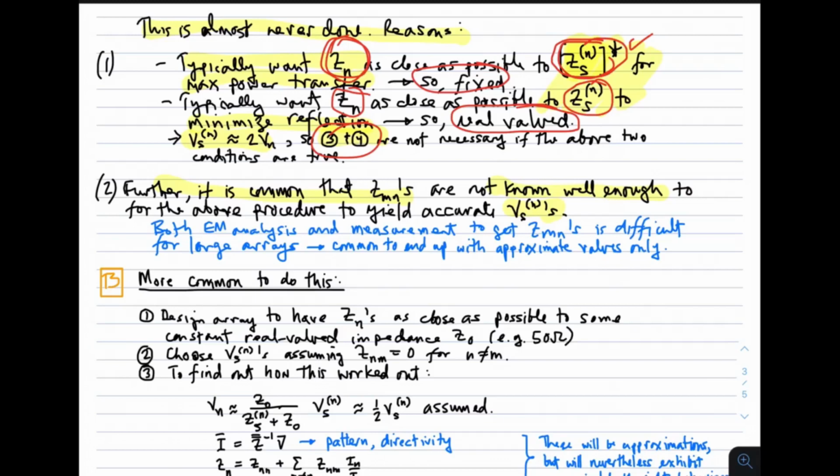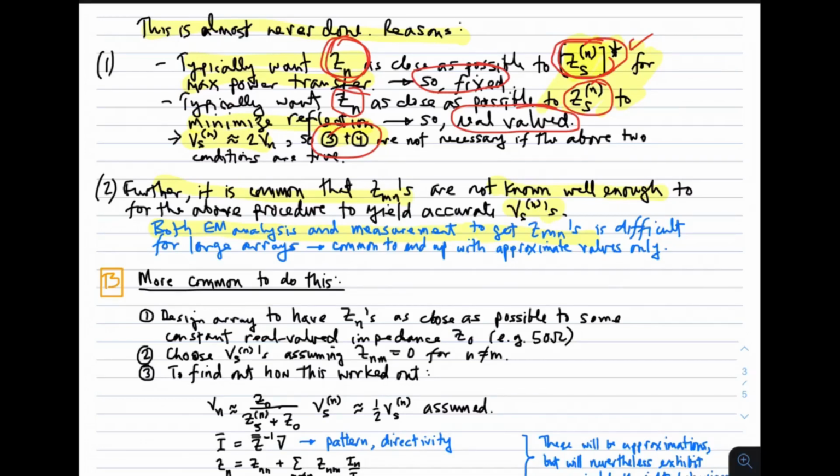Even that is going to require considerable effort to do those simulations correctly. There are always trade-offs between computational accuracy and computation time and so on. So we find that both EM analysis and measurement, even if you were to go out and measure this, it's hard to get impedances which are accurate enough to do this procedure well.